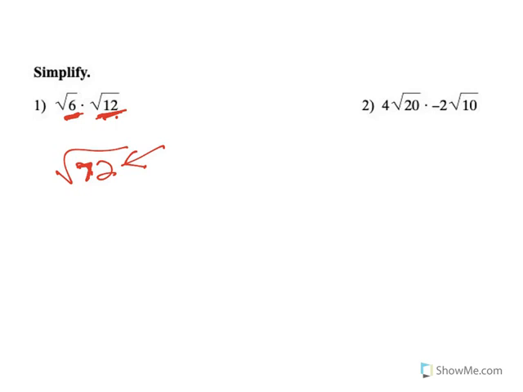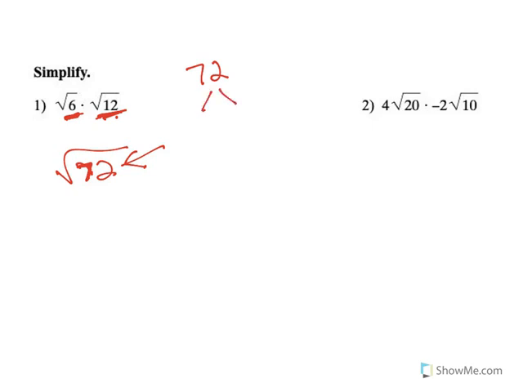But 72 can be simplified, and 72 is one that we will simplify a lot. So if you can remember what it is, then you don't necessarily have to do the whole process every time. For example, radical 8 is really 2 radical 2. I know that because I've simplified it a million times over the years.